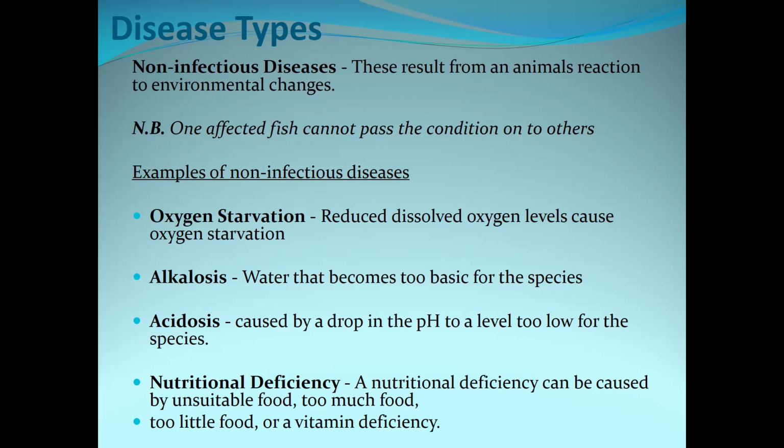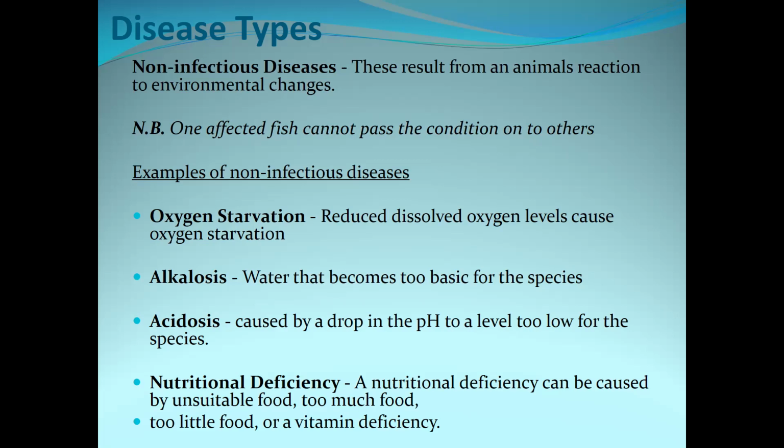If that oxygen level becomes low or below the acceptable level for that organism, they will become extremely stressed. Disease can take hold, or the fish can just die from a lack of dissolved oxygen if it goes too low. Alkalosis occurs when the water becomes too basic for the species.